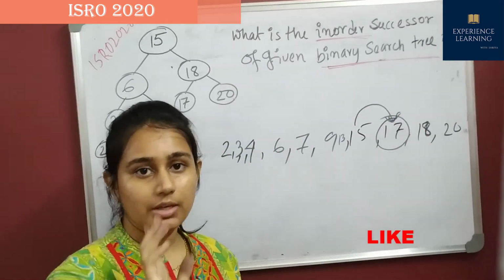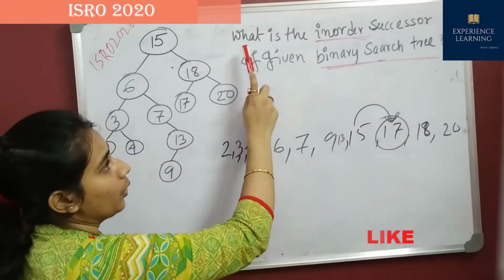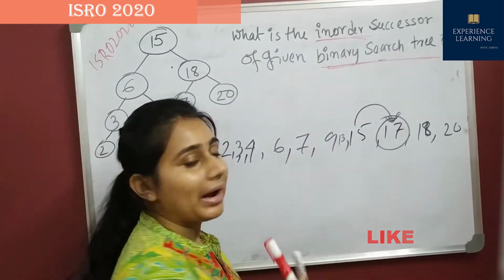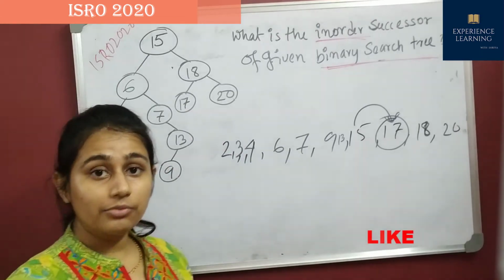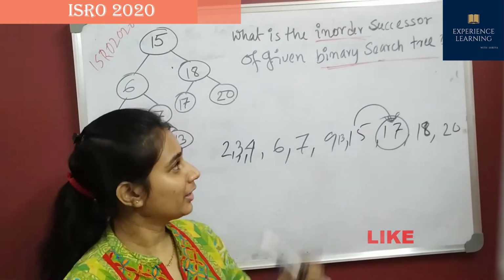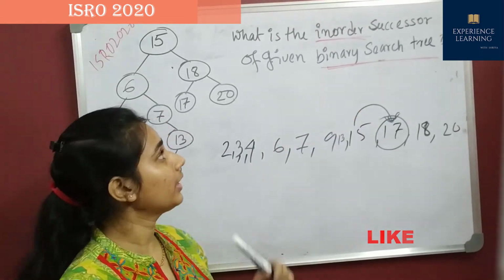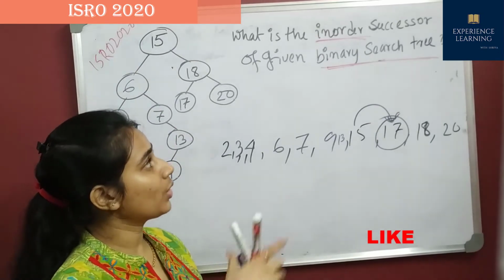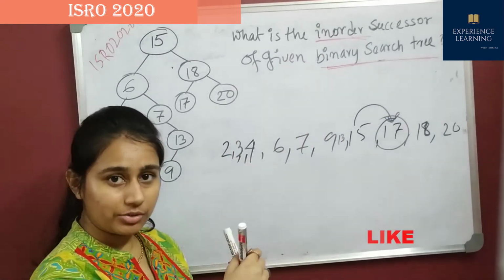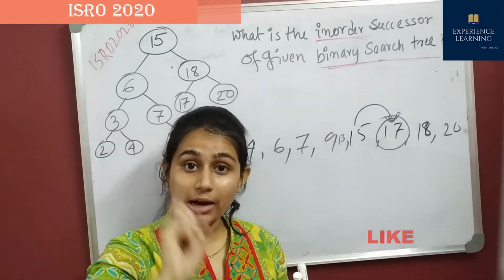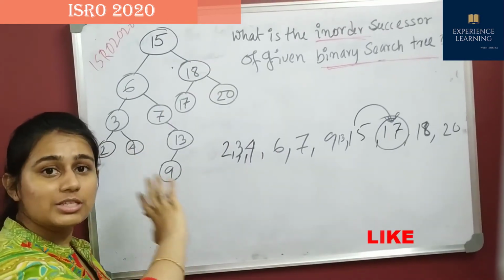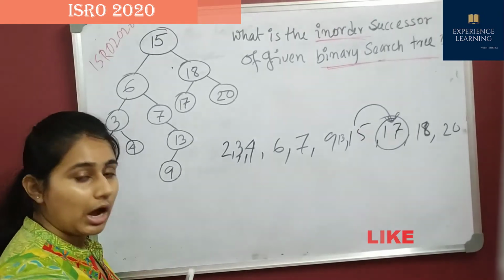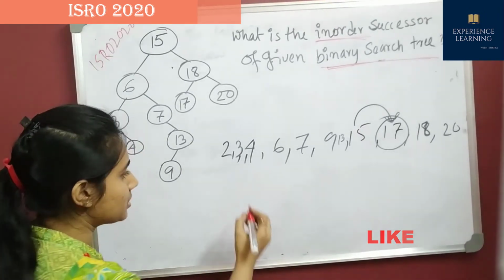Now, see one thing. Here it is directly given that it is a binary search tree. If this is not given and you are asked about the in-order traversal, first check whether the tree is a binary search tree or not. How can you understand this is a binary search tree?